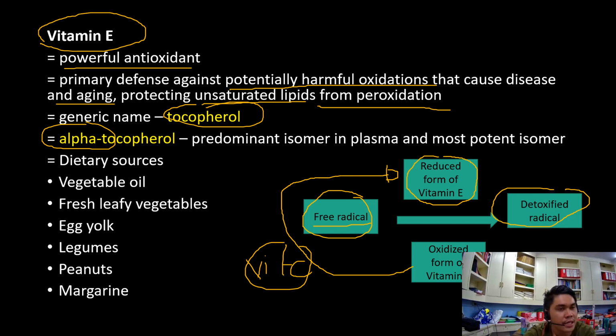This is the isomer present in Myra E. For the sources, you have dietary or natural sources and artificial ones. For artificial, you have supplementation, for example Myra E. For natural, you have vegetable oil, fresh leafy vegetables, egg yolk, legumes, peanuts, and margarine.